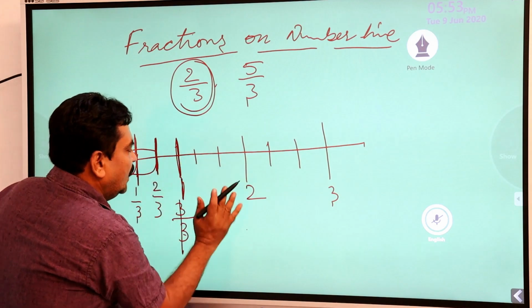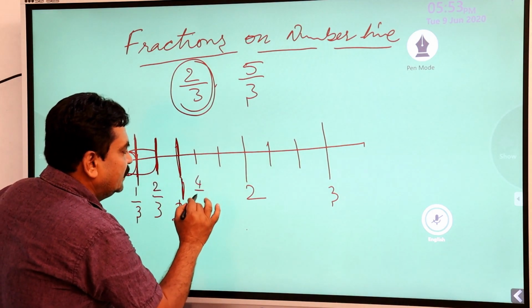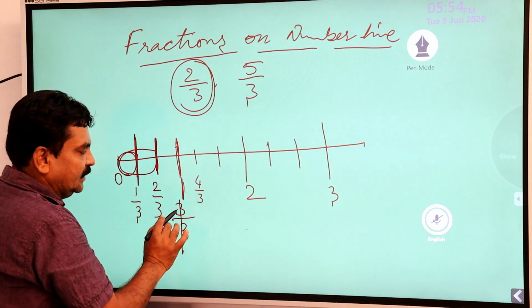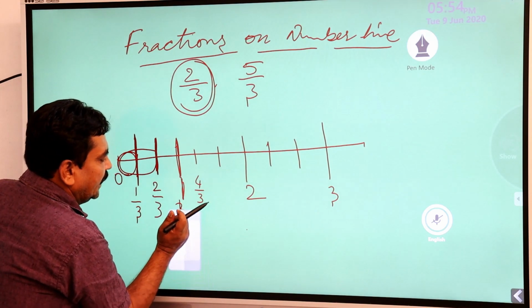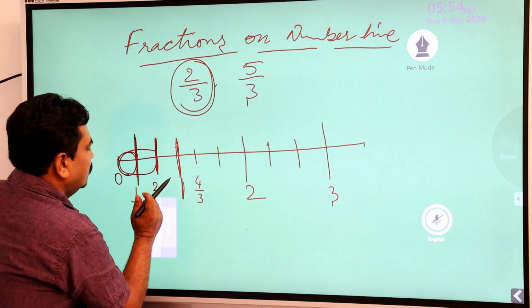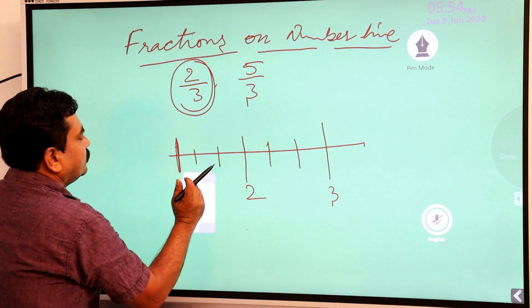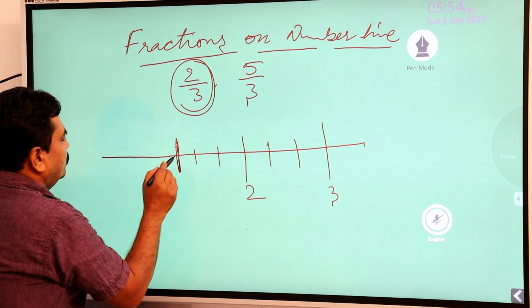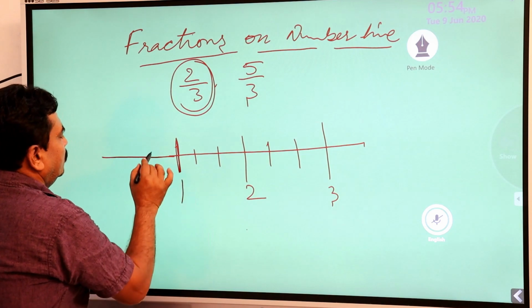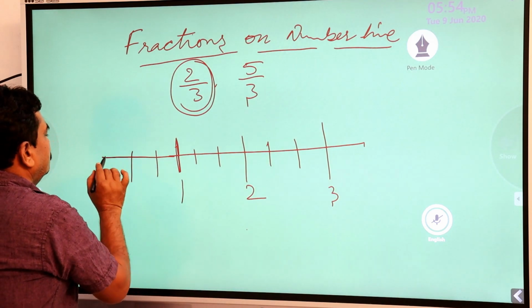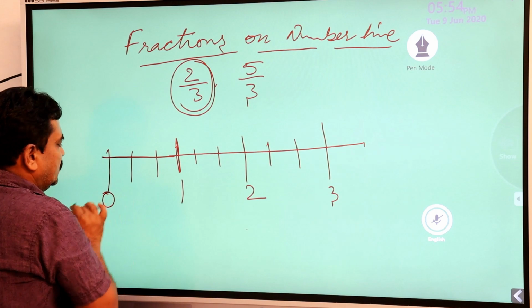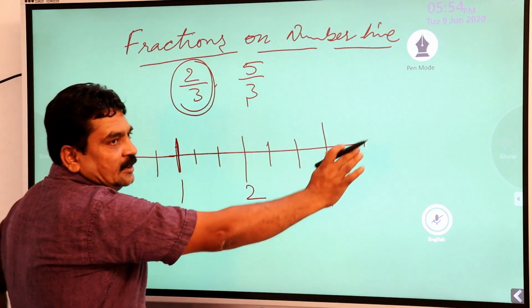Now after that it is 4 by 3. This is 3 by 3, right? I'll just write it down again so that you can understand. This is 0, this is 1, this is 2, this is 3, and so on.